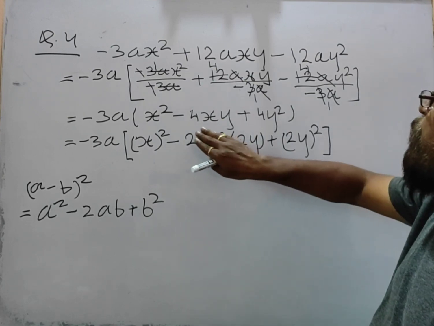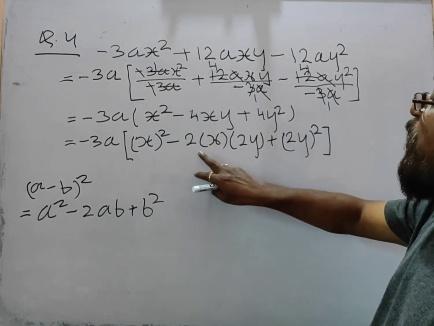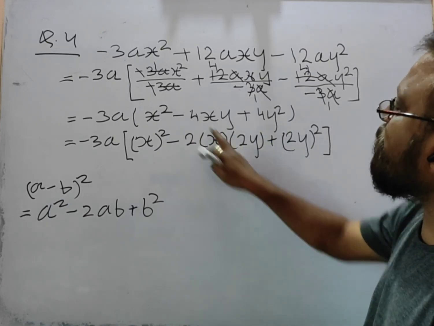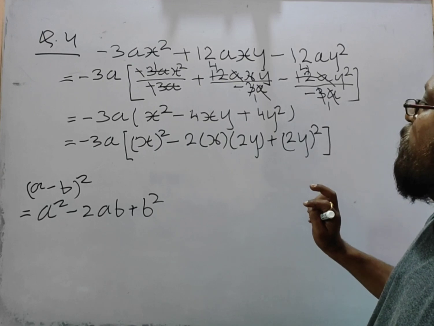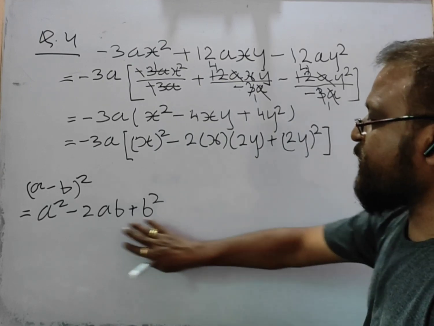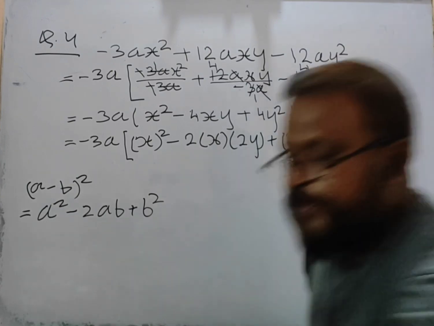I write it as 2 into x into 2y, not 4xy. When we multiply the whole term, we get 4xy. There is no problem at all. But we write it like that so that it is understandable.